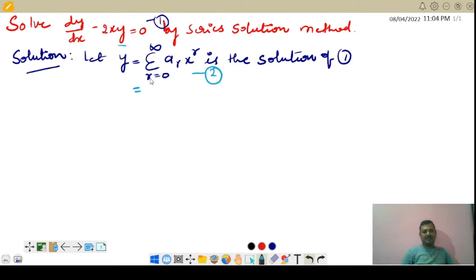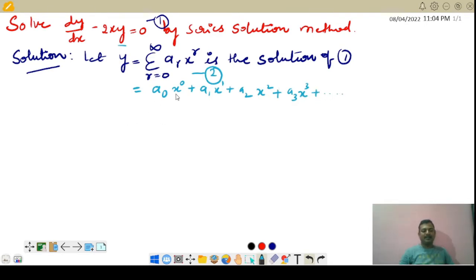Let us substitute from r is equal to 0. Putting r is equal to 0 gives a0 x raised to 0, plus a1 x raised to 1, plus a2 x raised to 2, plus a3 x raised to 3, plus so on.